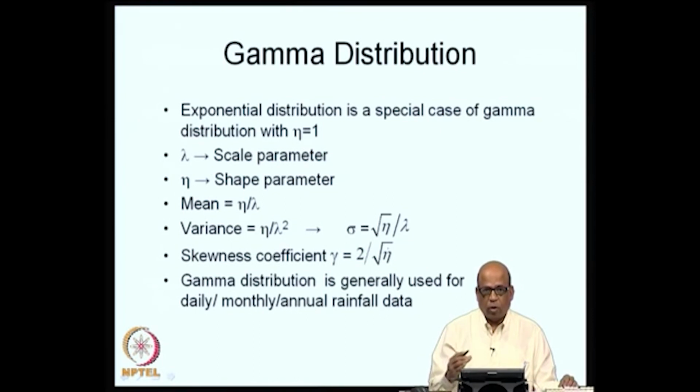Whereas in the case of the gamma distribution, you can generate a family of distributions by perturbing the parameters, and therefore you have a wide spectrum of distributions possible with the same gamma distribution PDF by varying the parameters lambda and eta. So, it is generally used for daily, monthly or annual rainfall data in applications of hydrology.